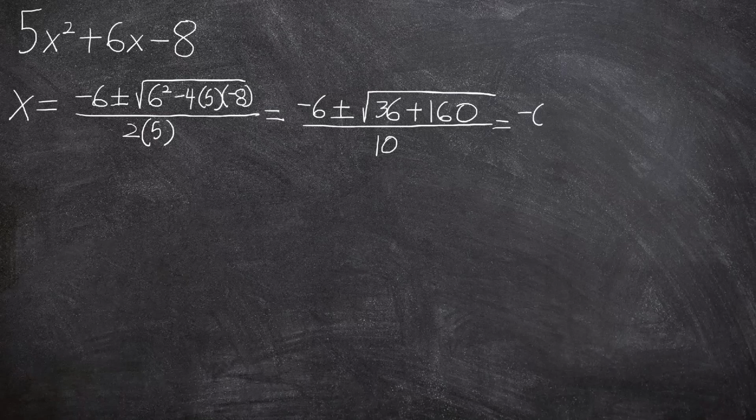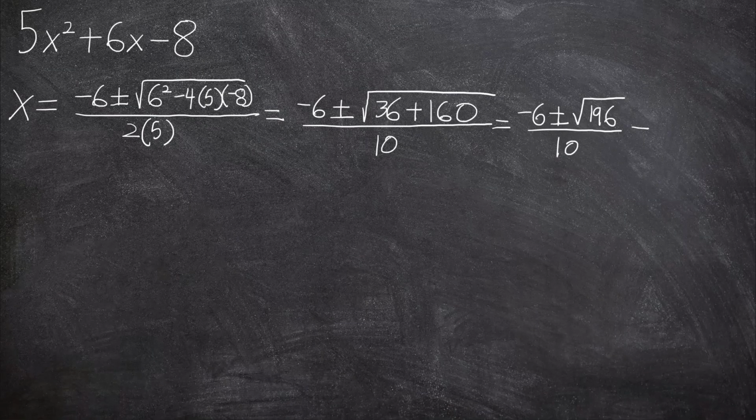Then negative 6 plus minus the square root of 196 over 10. And the square root of 196 is 14. So the final form will be negative 6 plus minus 14 over 10.